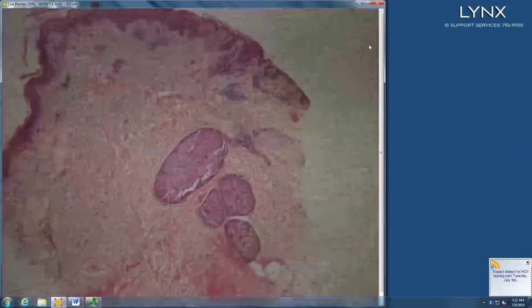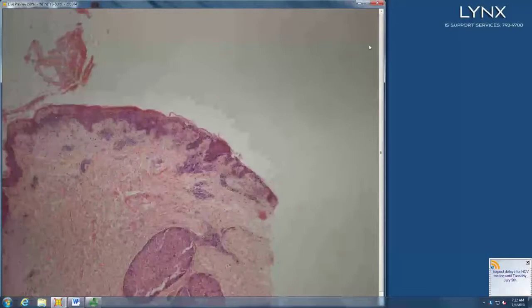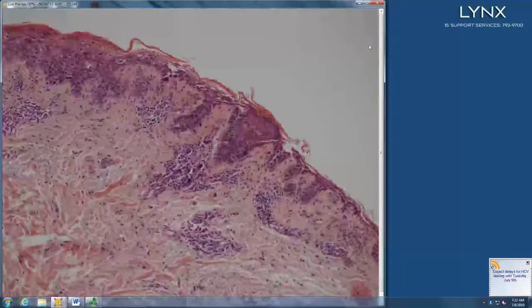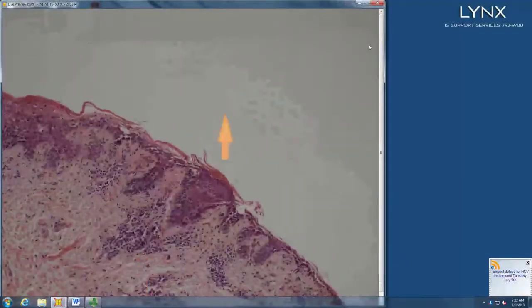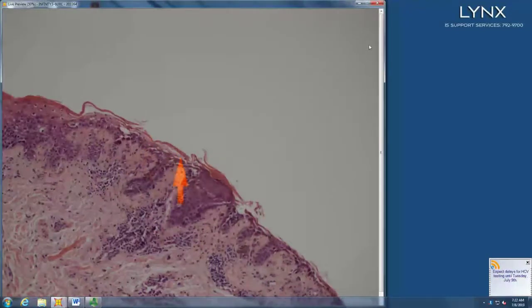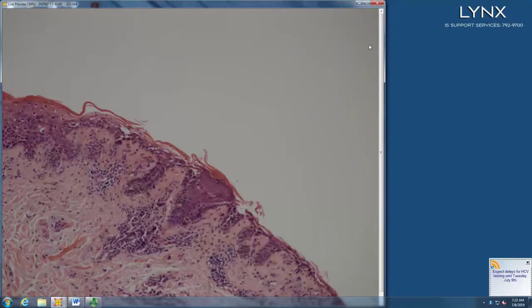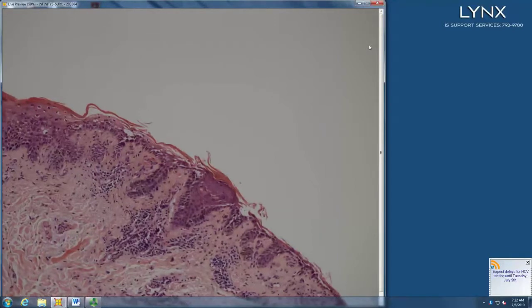Let's look at our other piece. And in the other piece, we also have a little acantholysis, but it's higher. So in the one piece, it's more like at a vulgaris level. At the other one, it's more like at a foliaceous level.